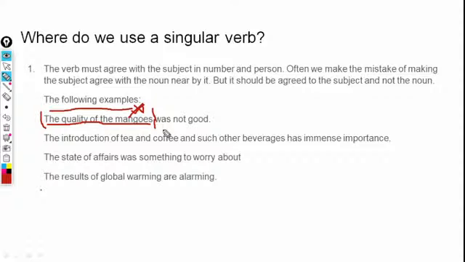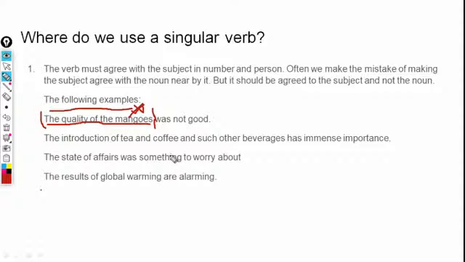What is the subject of the sentence? There are two parts of a sentence, subject and predicate. For example, we say that Ram is a good boy. Here it is very simple that, okay, Ram is the subject. But in these kinds of sentences, what is the basic subject? The quality of the mangoes was not good.